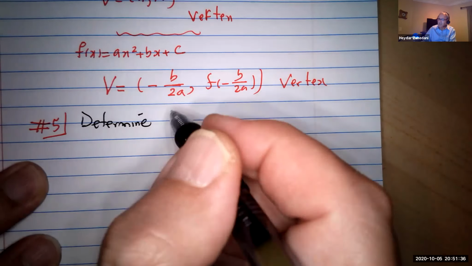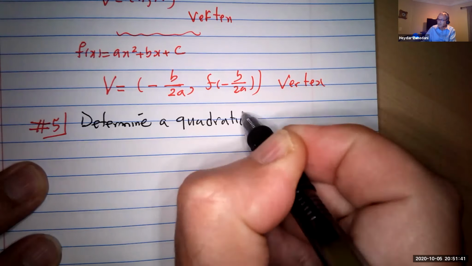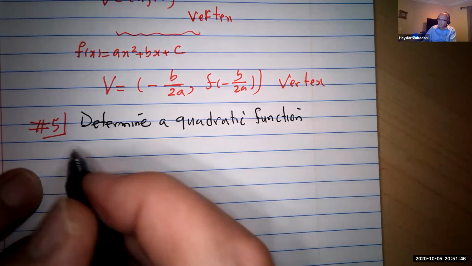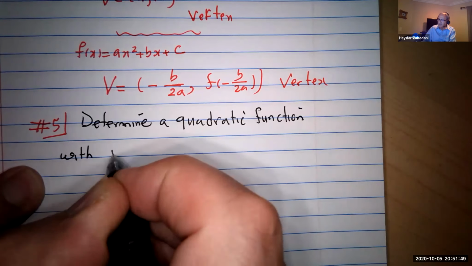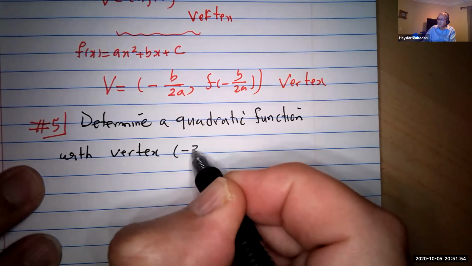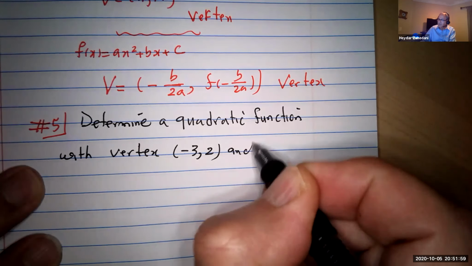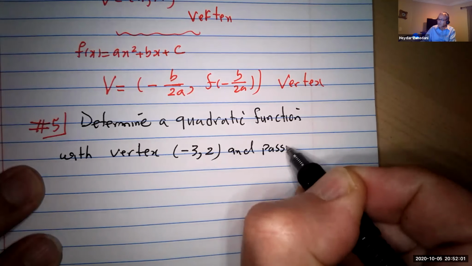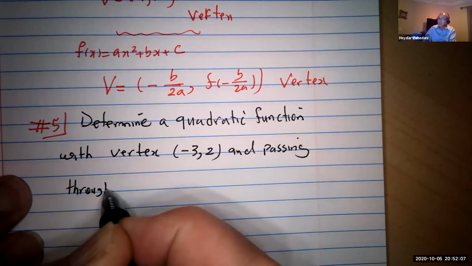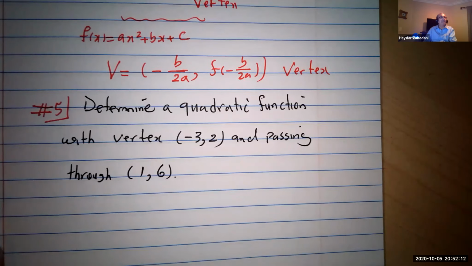Determine a quadratic function with vertex negative 3, comma 2, and passing through the point 1 and 6, like the problem of a circle.